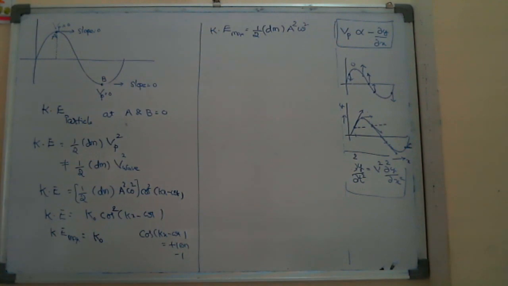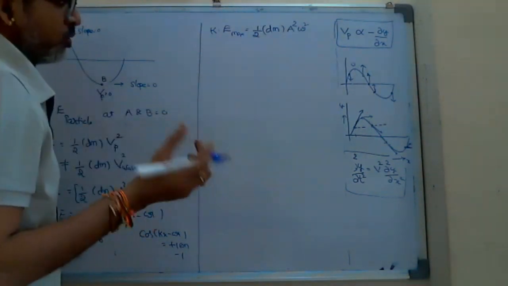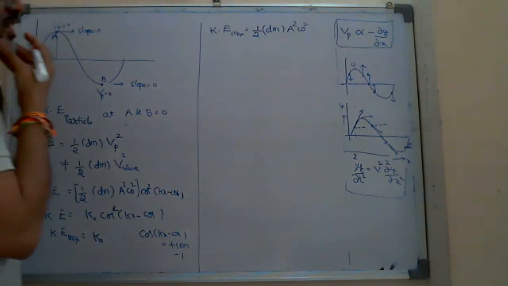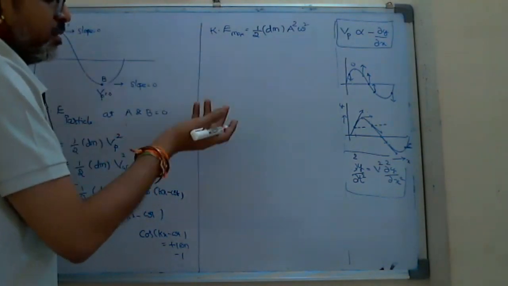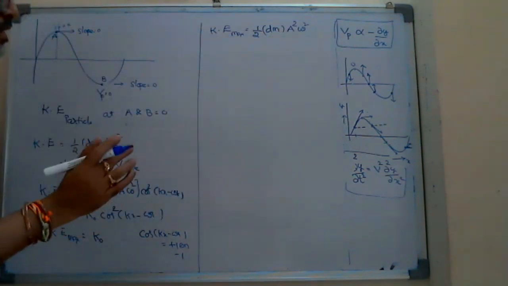After finding that maximum kinetic energy, my question is, suppose the mass of the particle here, I don't know, this is the mass of one particle. So better you write it in terms of either linear mass density or volume mass density.